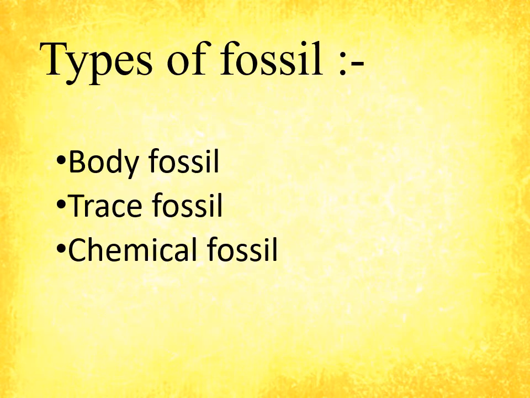Now, what are the types of fossils which we study during paleontology? So, three types of fossils are classified. The first one is the body fossil, when the entire or part of the original body of the organism is preserved.